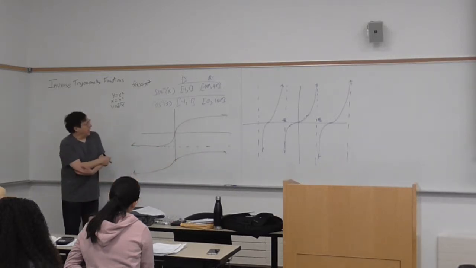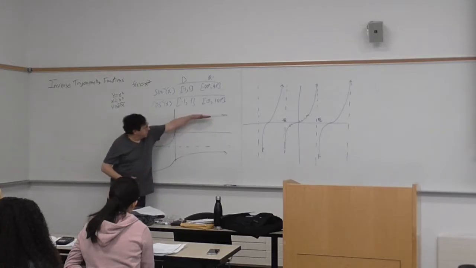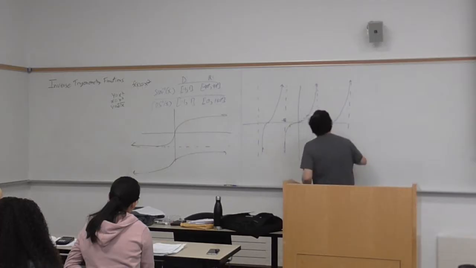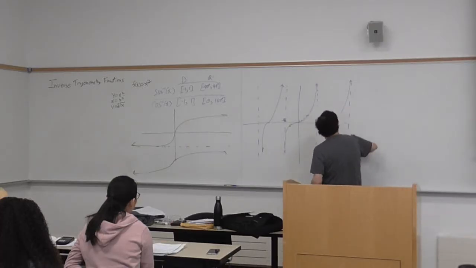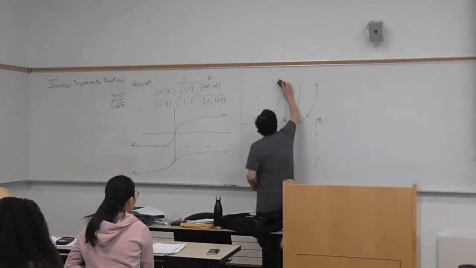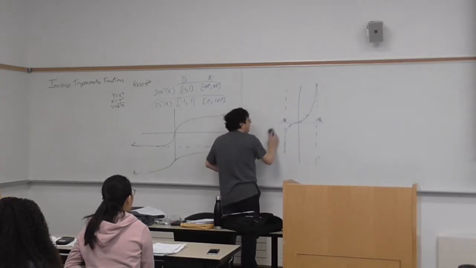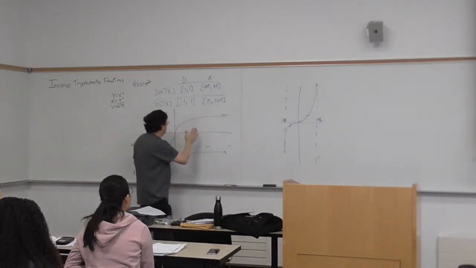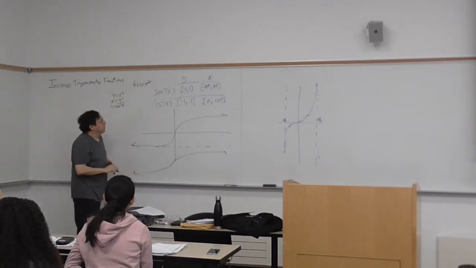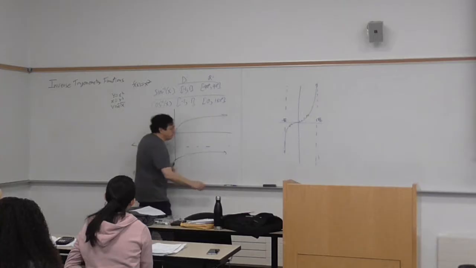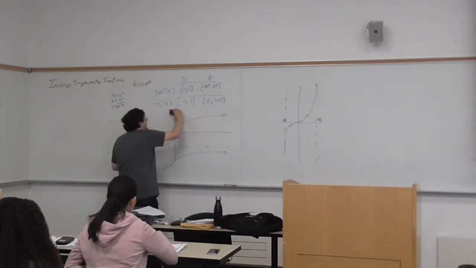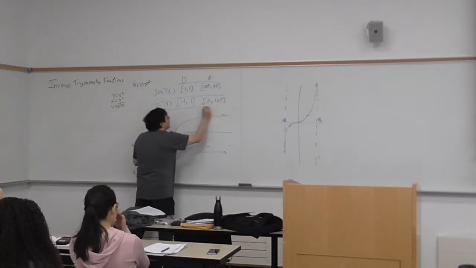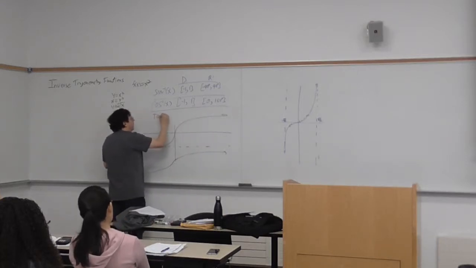Well, that's not so bad, actually, because we can take this branch here, right? We restrict the domain on the tangent function now between minus pi over 2 and pi over 2. We take this piece. Now we have an inverse tangent function.